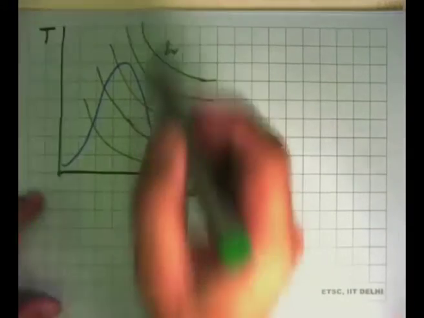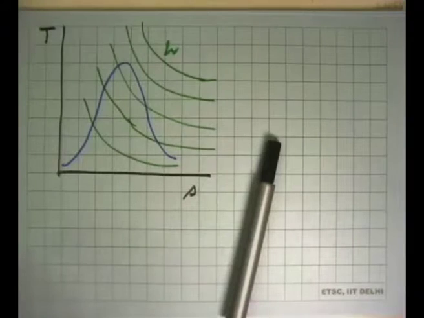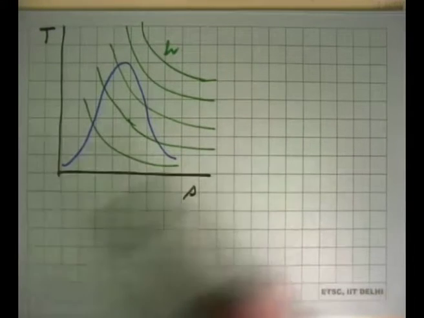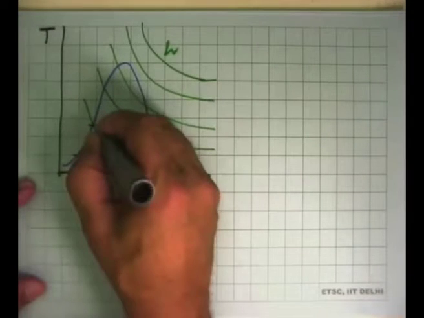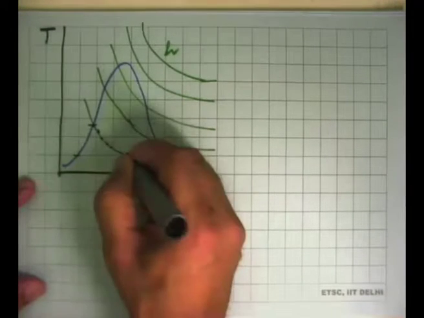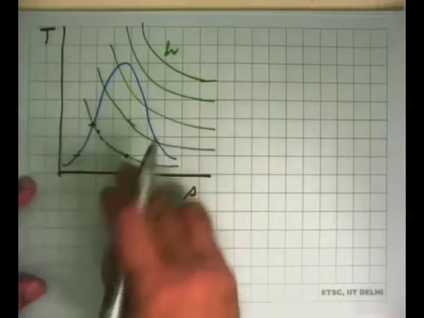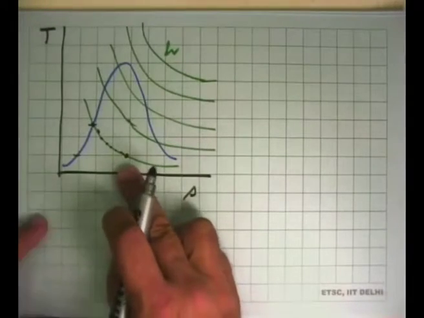These are constant enthalpy lines. So the throttling process on the pH diagram looks like a straight line, say between this pressure and this pressure, but on the TS diagram it will actually follow a path and come finally to this state. So this would be the throttling on the TS diagram in the case of the refrigerator.